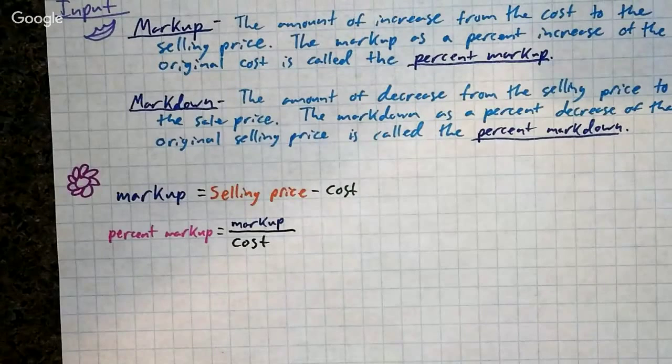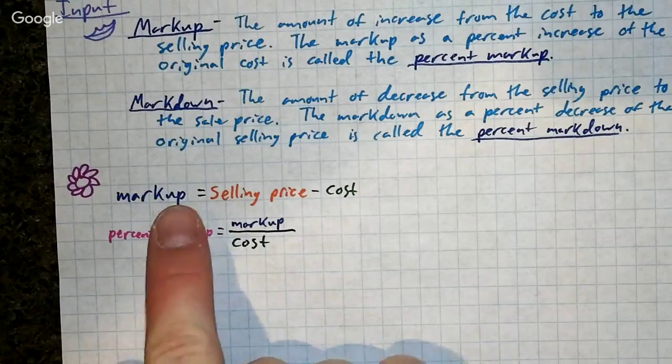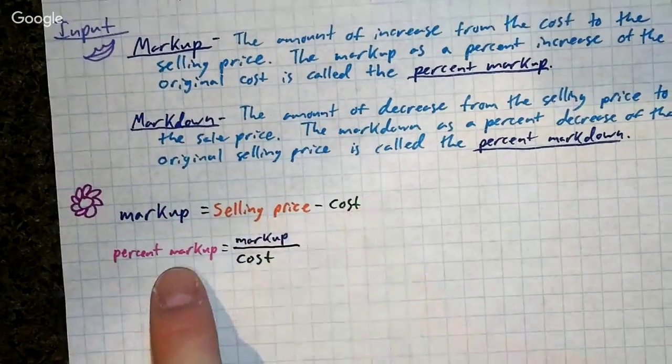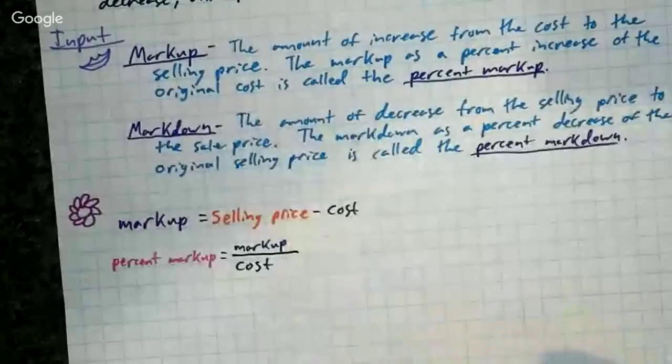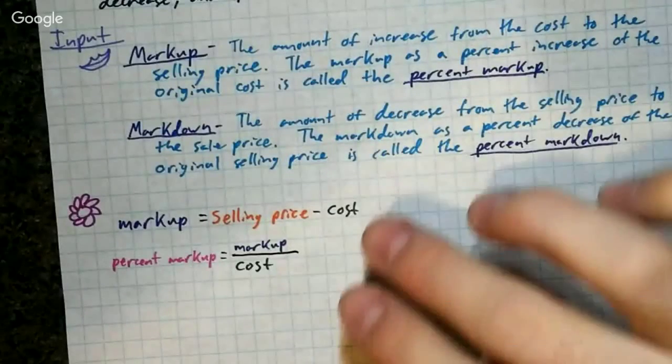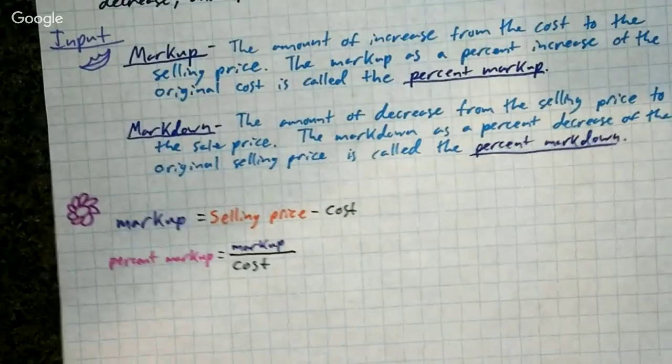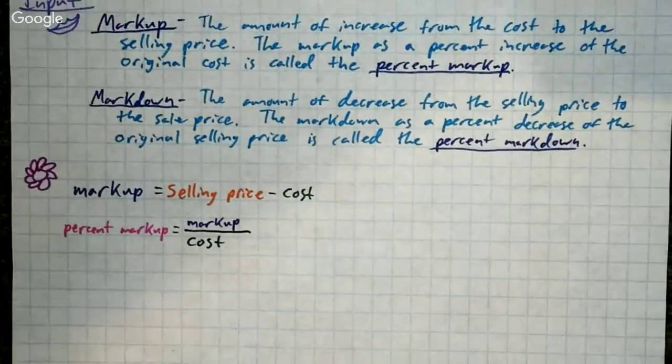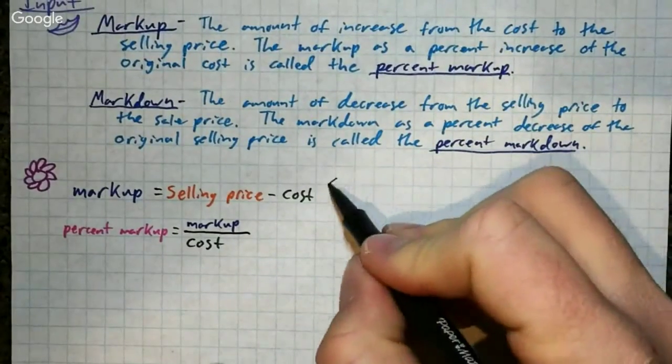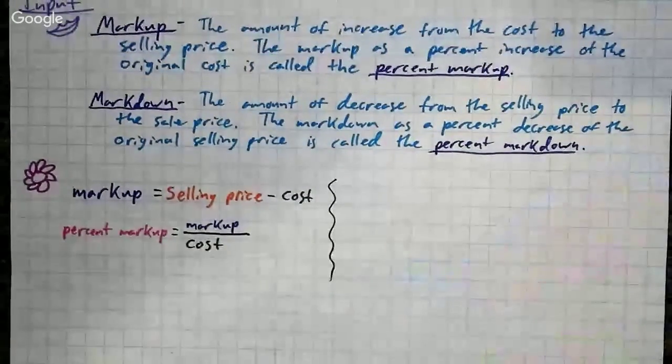Okay, so on the markup side, we have 2 different equations we're going to want to remember: how to find the markup, using selling price and cost, and also how to find the percent markup using the markup and cost. So using these 2 equations, we can take whatever we find from one of these problems and solve it. Okay, separate this down the middle.